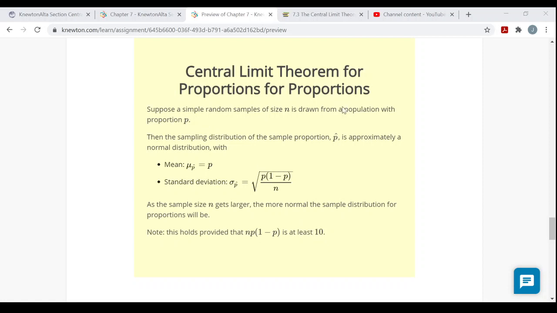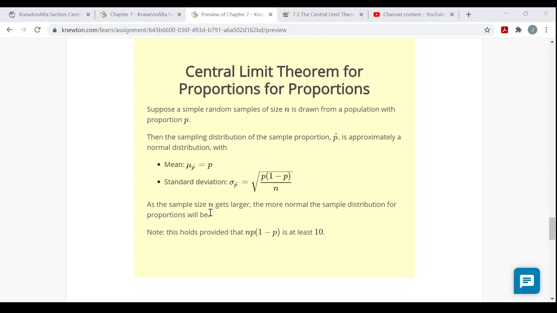So here it is written out again, the central limit theorem for proportions. Suppose simple random samples of size n are drawn from a population with proportion p. Then the distribution of those sample proportions, the p hats, is approximately normal with a mean equal to p and a standard deviation equal to the square root of p times 1 minus p over n.